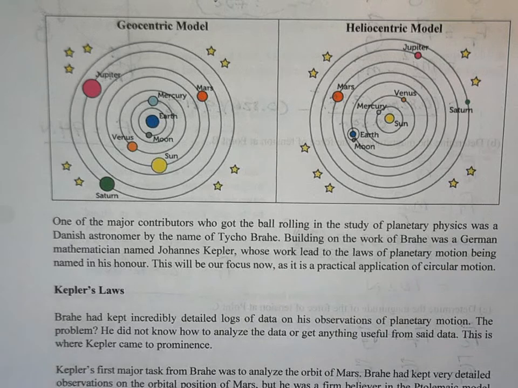Now, Brahe couldn't really do much with it, and part of it had to do with two assumptions he made. First of all, he was a big believer in the geocentric model, and he also believed that planets traveled in circular orbits. Kepler came around and said, well, first of all, he was a believer in the heliocentric model, so the sun is at the center.